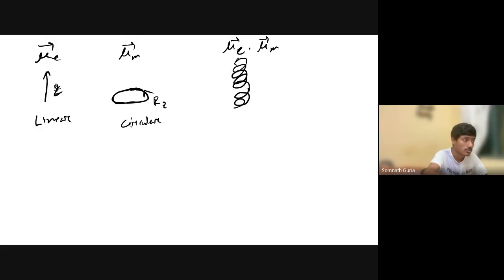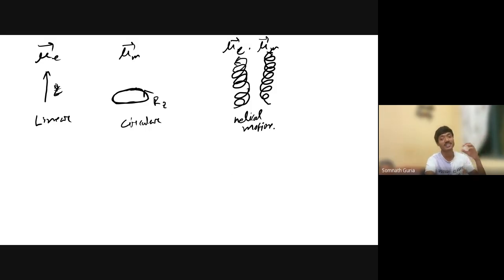This will be my resultant magnetic moment, which is called helical motion. Similarly, it also has its mirror image. This will be my other mirror image, propagating in a particular time.